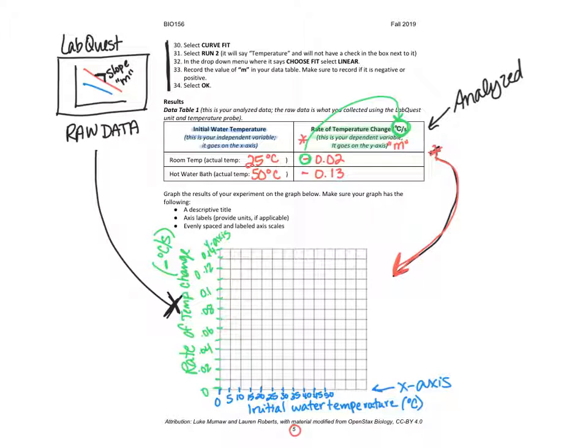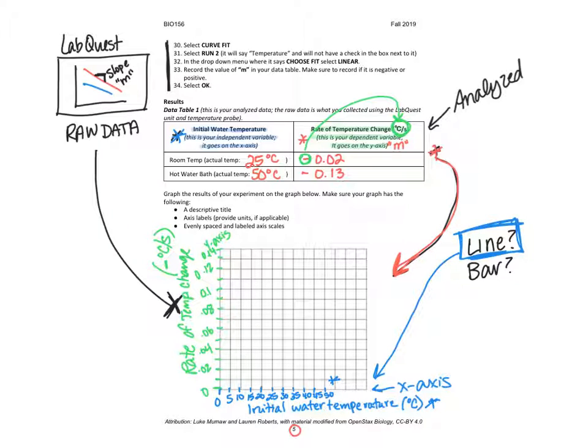All right, so now it's time to graph your data. Now, the big question here is, are you going to do a line graph or a bar graph? The easiest way to determine this is by looking at your independent variable. If your independent variable has numbers, so we have numbers down here, right? We have our degrees Celsius. We have numbers here. We're going to do a line graph.